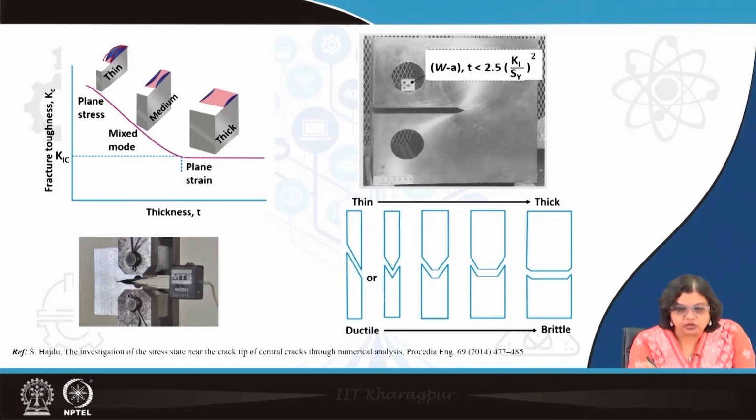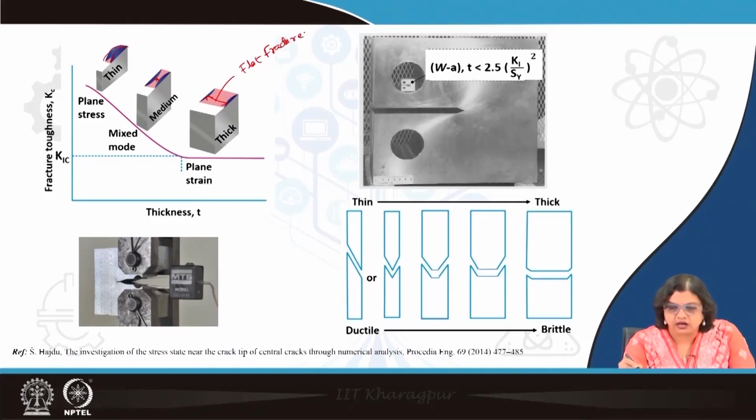In case of mixed mode, this shear lip width is decreasing and the share of flat fracture keeps on increasing. On the other hand, if we are looking at a very thick component, we see a pronounced part which is flat fracture. So, that means that this is nothing but plane strain.